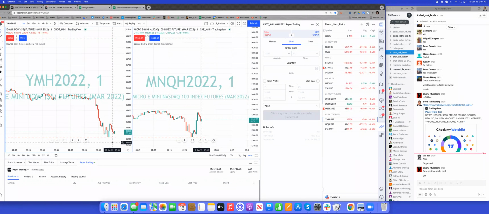All right, this candle looks constructive. Let's see how it holds after 50 seconds. And it isn't.